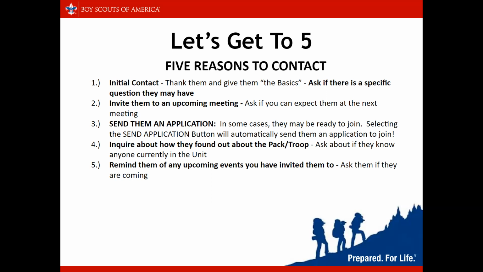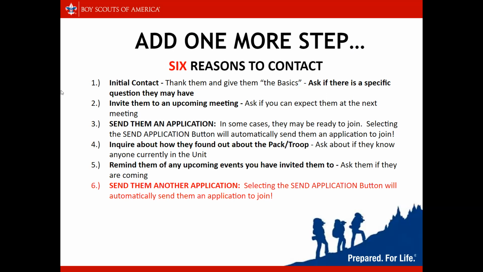So as you can see, we got to 5 already, but you know what? We're not quite there yet because we are going to add another step and we're going to go to number 6. So we're going to make it 6 reasons to contact because we're going to put you over the edge a little bit. Send them another application. Yeah, you sent them one already, but send them another one and follow it up with an email with, I hope I've been able to answer all of your questions and that I've intrigued your interest in having Billy join Pack 5.